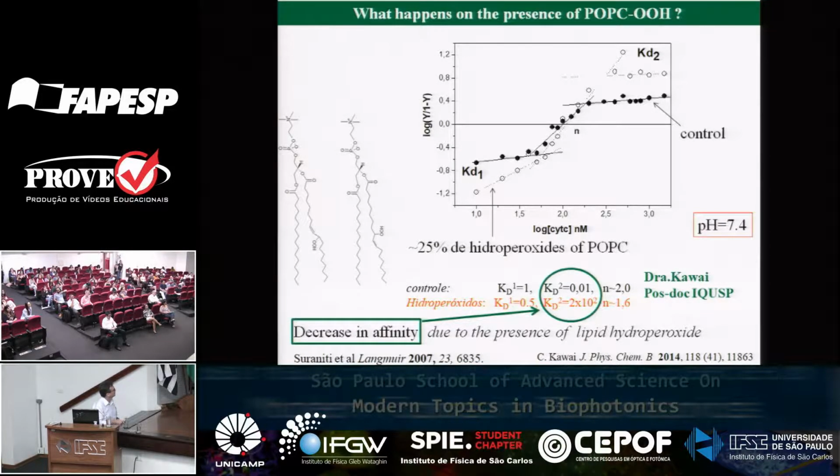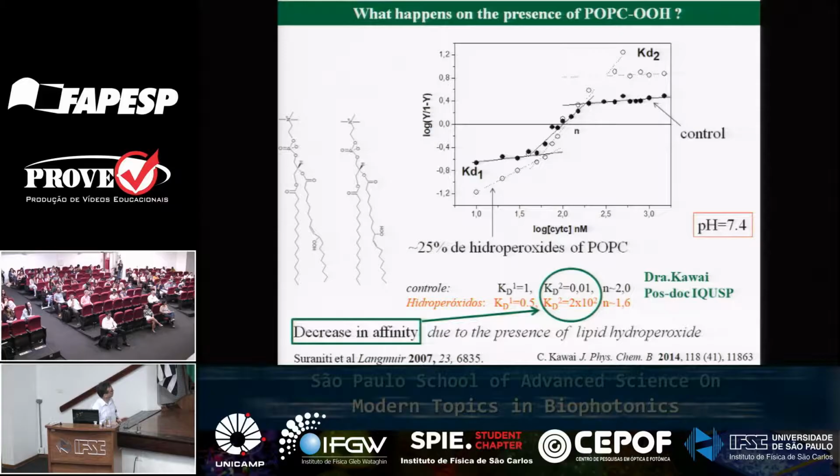So there is the Kd, the dissociation constant, and when there is hydroperoxide it increases many times, manifold. That's why cytochrome C gets released from mitochondria, because you form these hydroperoxides there.